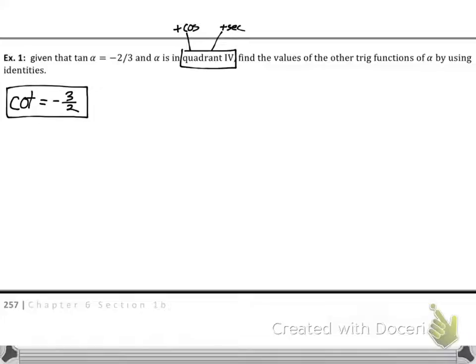And I'm looking for one that has tangent and only one other trig function. 1 plus tan squared x equals secant squared x. Yeah. So in other words, I'm just going to put it in this order. You could put it in whatever order you want to. Secant squared alpha equals tangent squared alpha plus 1.